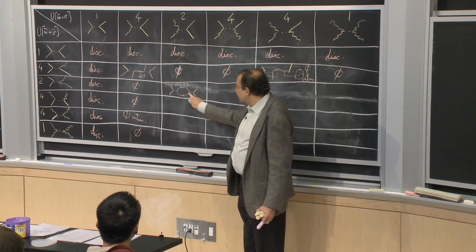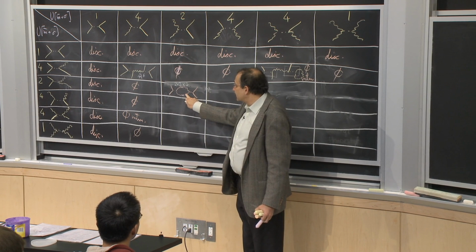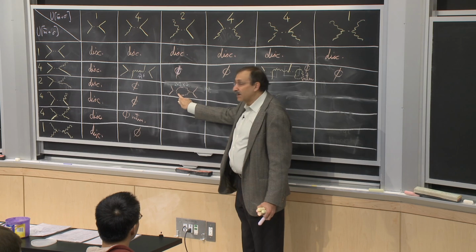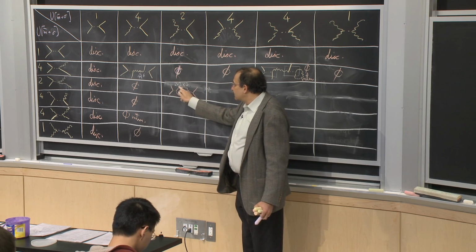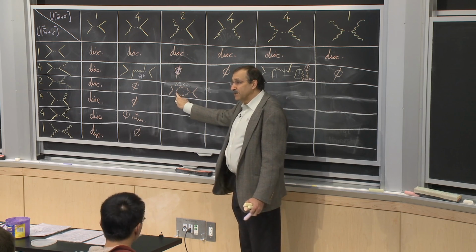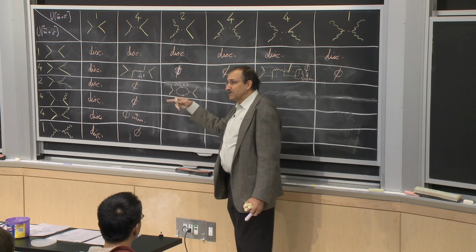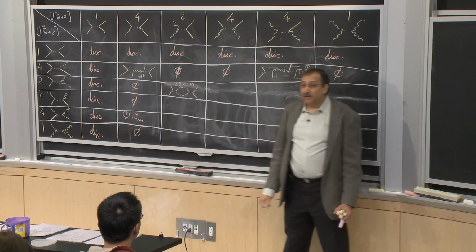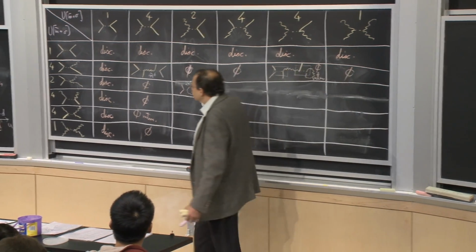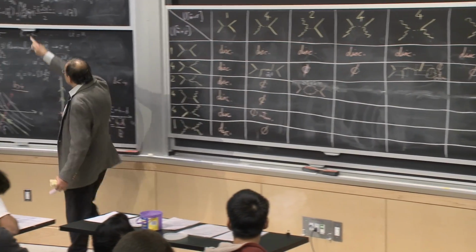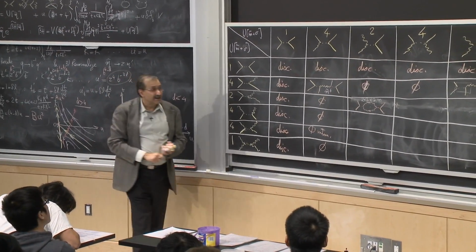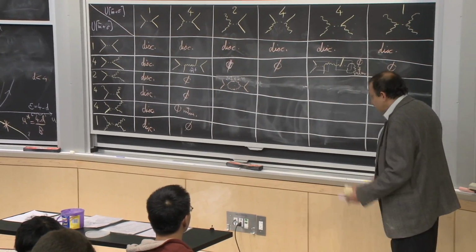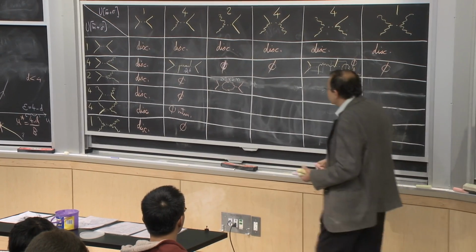They carry the same index, let's say j. These 2 would be carrying the same index j prime. So when I do the sum, I will have a sum over j and j prime of delta j, j prime. I will have a sum over j of delta j, j, which will give me a factor of n. Anytime you see a closed loop, you generate a factor of n, just like we did over here. It generated a factor of n.